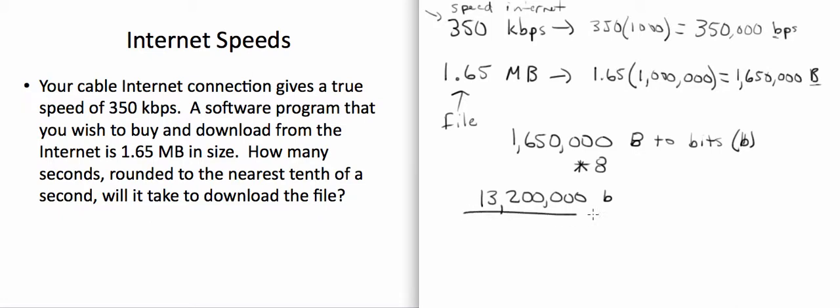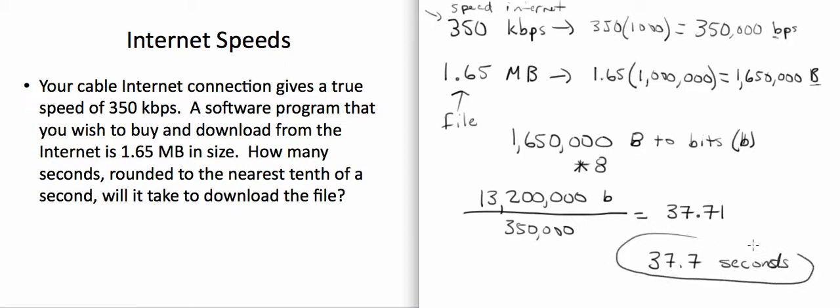So that's a little b, and we're going to divide that by our speed, which is 350,000. And when we do that, we get an answer of 37.71. But we want to round it to the nearest tenth, so that would be 37.7 seconds. So that's how long it would take us to download the file.